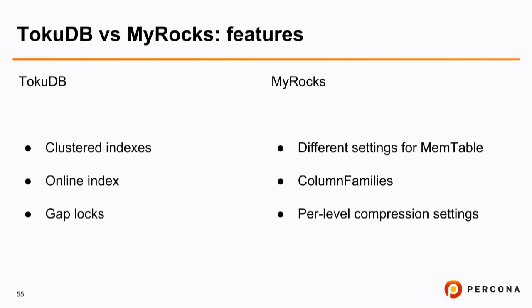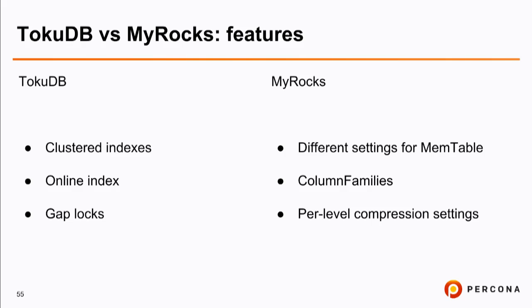TokuDB has such interesting features as clustered indexes, online index creation, and gap locks, which are not fully supported in MyRocks. MyRocks has different settings for memtable, which allow you to tune your write performance.